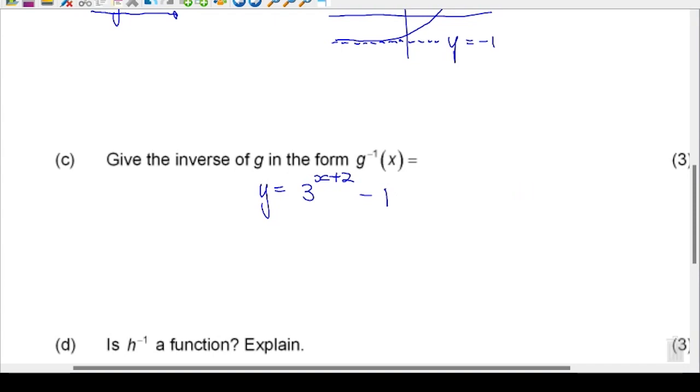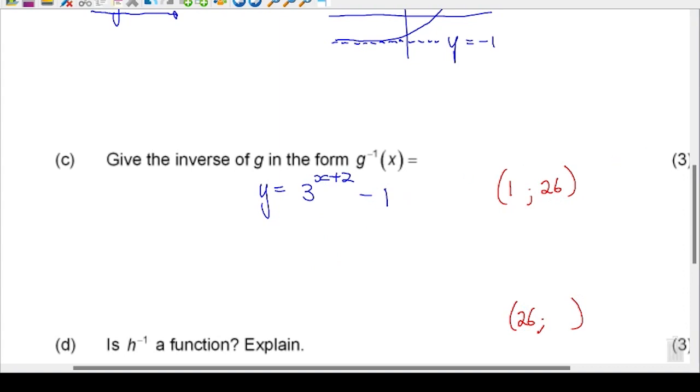I like to make up an x value and work out the y value whenever I do the inverse of a function. For example, if x was 1, the y value would be 3 to the 3, 1 plus 2, which is 27, minus 1, which is 26. I want to make sure at the end that what I come up with as my inverse will generate 1 when I put 26 in.